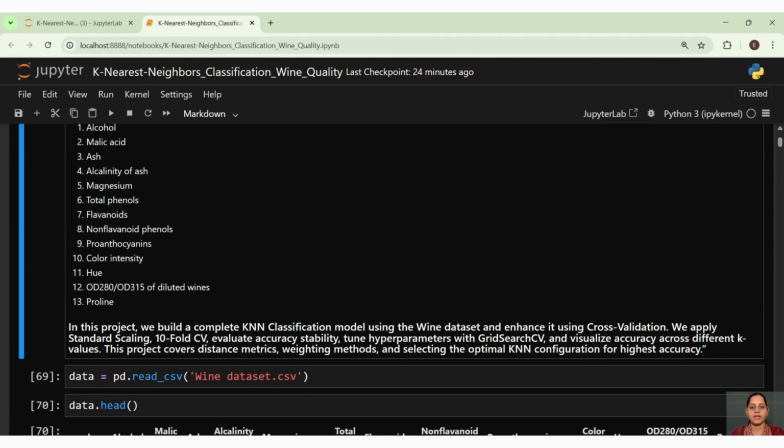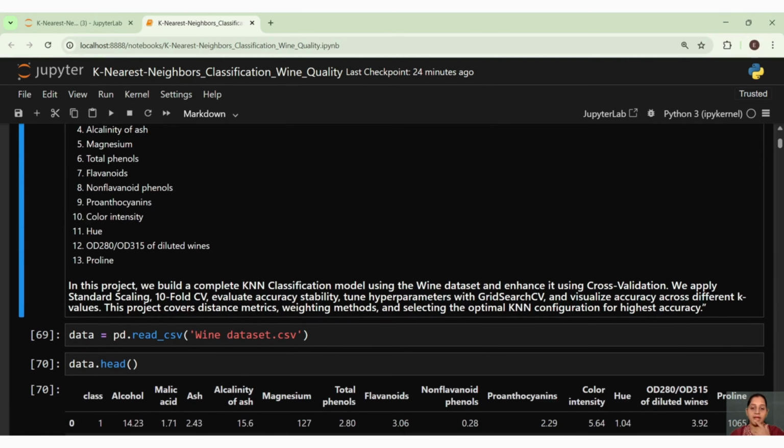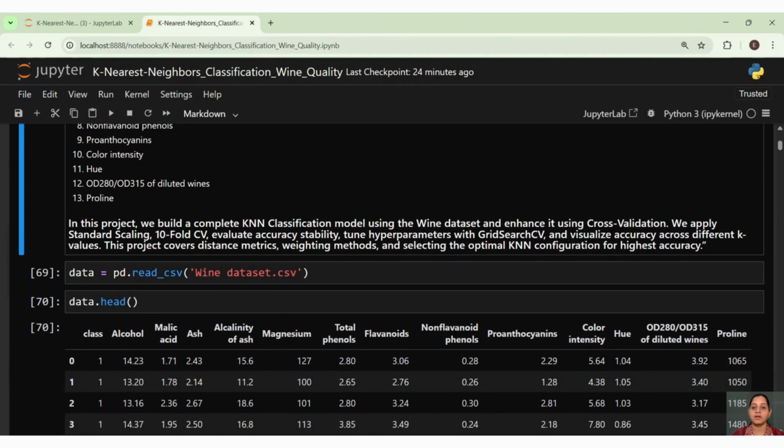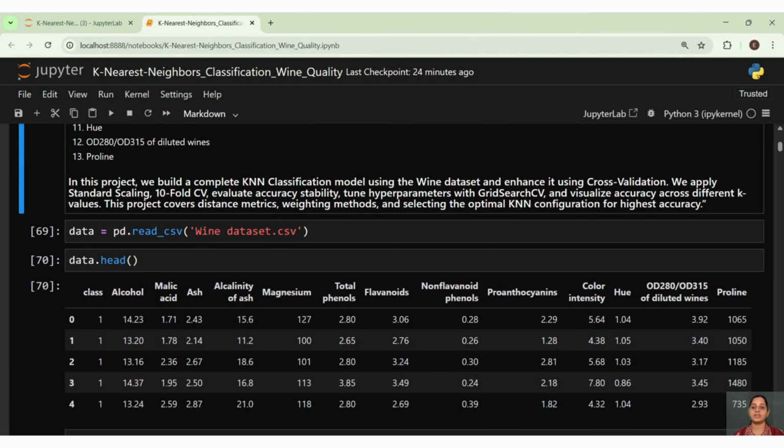As we are solving our classification problem and enhancing it with cross validation, we are using 10-fold cross validation here, and along with that we are tuning the hyperparameter, and we are understanding the accuracy methods, like creating a plot between the actual and predicted, and moving ahead.